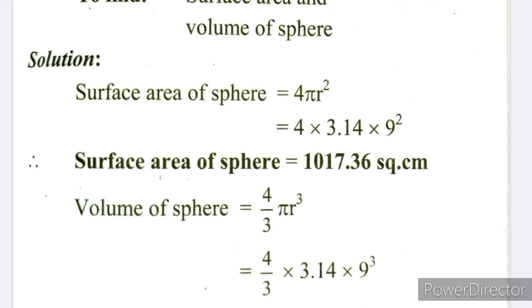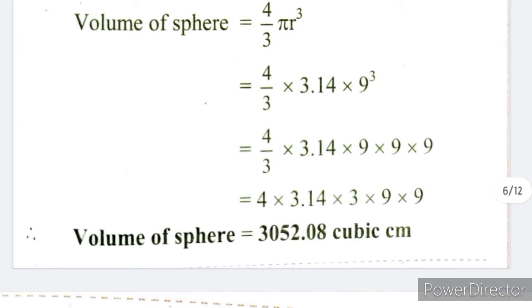Volume of sphere formula is what? 4 upon 3 pi r cube. So 4 upon 3 into 3.14 into 9 cube. If you multiply it properly and don't make any mistake, then you will get the proper answer as 3052.08 cubic centimeter. While multiplying, remember that you need to remove the point.